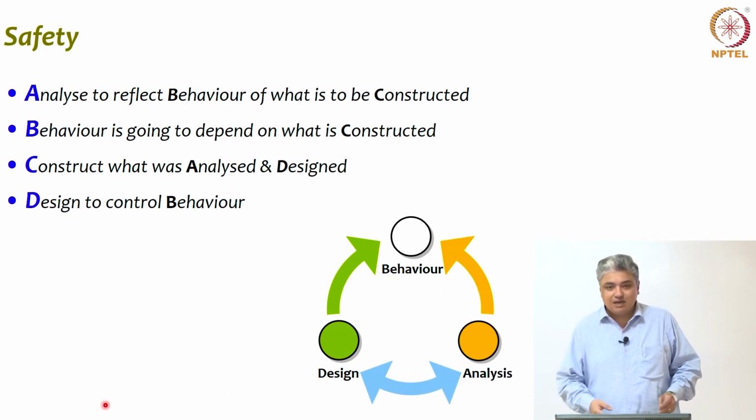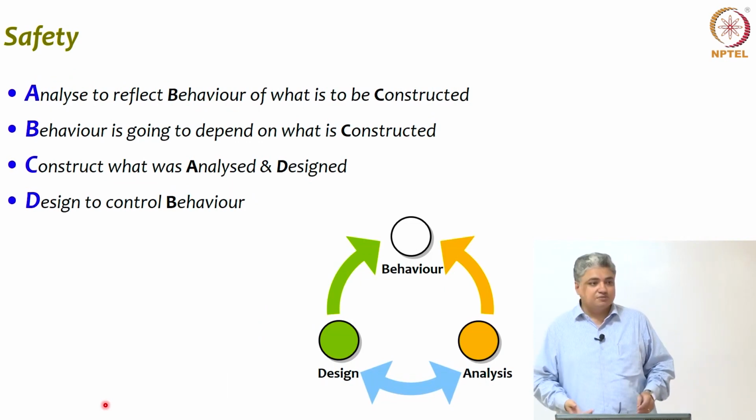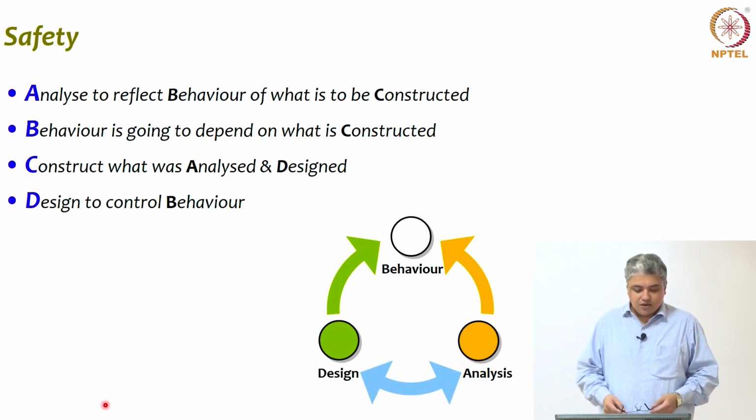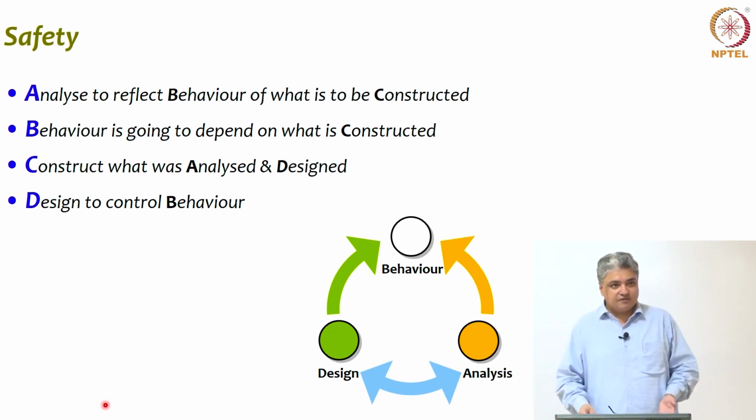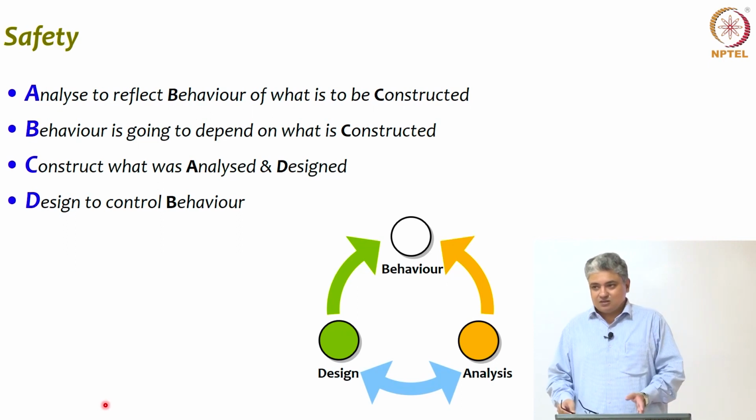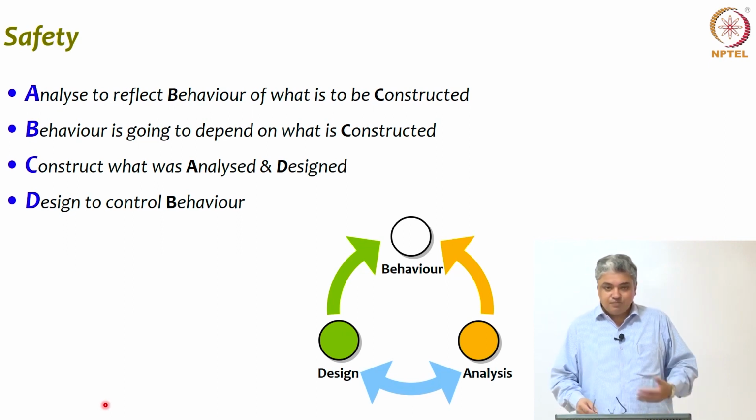So this is what I call the ABCD of structural engineering: you need to analyze to reflect. The purpose of analysis is to understand and reflect the behavior of the structure that you are going to construct, and behavior is going to depend on what you construct, right?